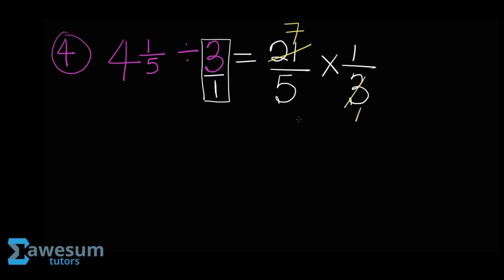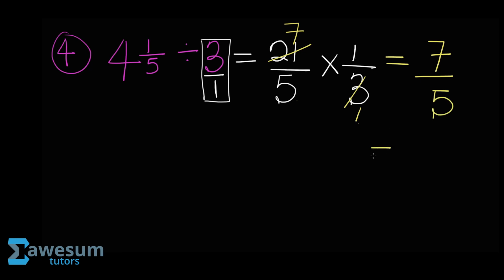Is there any other thing that can divide? No, I don't think so. So I can multiply out. 7 times 1 is 7 over 5 times 1 is 5.